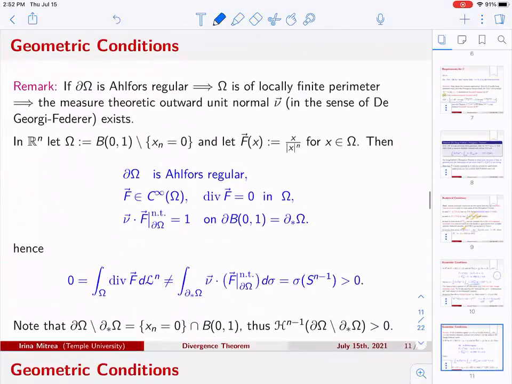If the boundary of the domain omega is Ahlfors regular, then the domain omega is of locally finite perimeter. The geometric measure theoretical outward unit normal vector nu, in the sense of De Giorgi and Federer, exists.